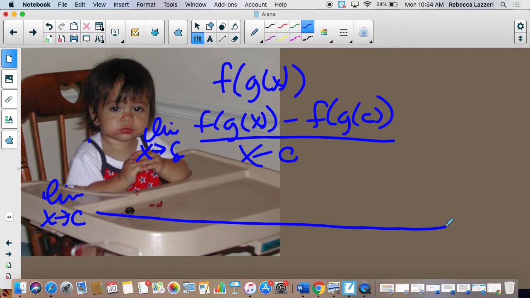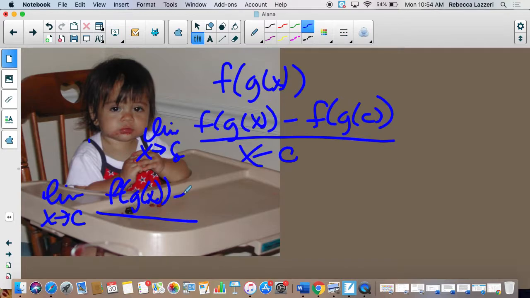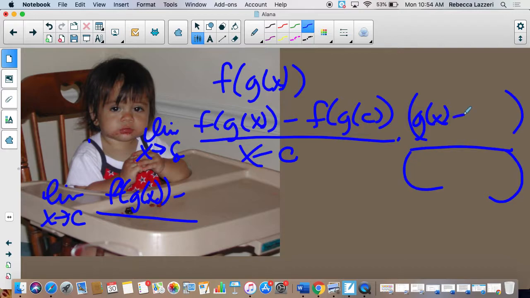So I'm going to put in, oh no, I'm going to multiply. All right, I'm going to multiply by g of x minus g of c over g of x minus g of c.